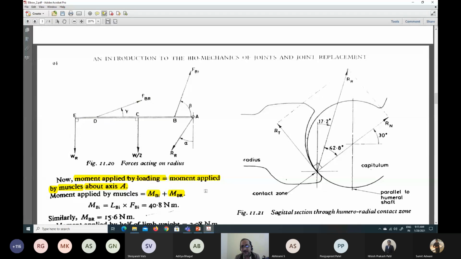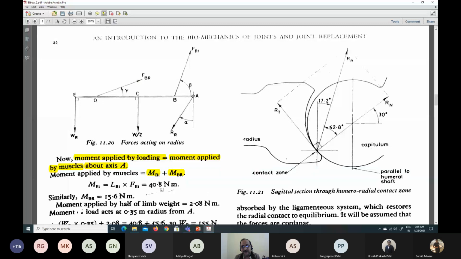These two muscles only, when we consider the radius. Obviously, the same set of calculations: you have to calculate the moment arm. You have already calculated the forces in the muscle. So we get the moment of the biceps muscle. Similarly, for brachioradialis, you can calculate the moment.